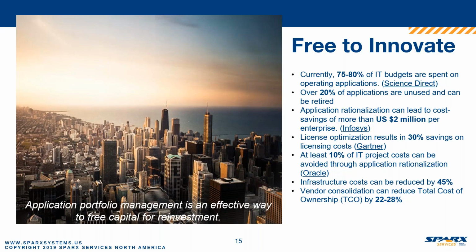And in general, project cost can also be saved by up to 10% by adopting an application rationalization approach. And finally, infrastructure costs can be reduced by up to 45% by consolidating the vendors. So application portfolio management is an effective way of freeing capital for reinvestment.